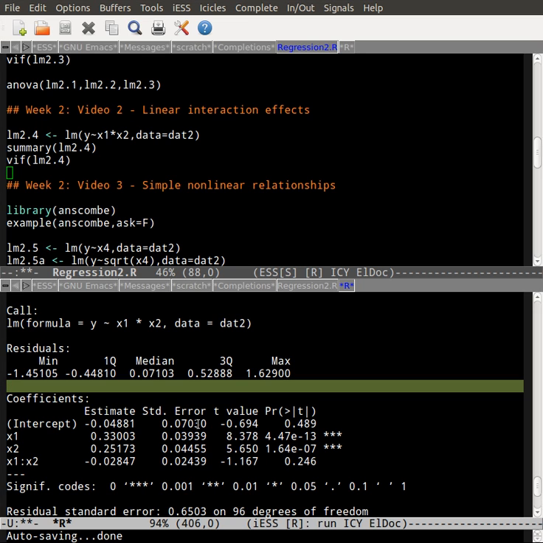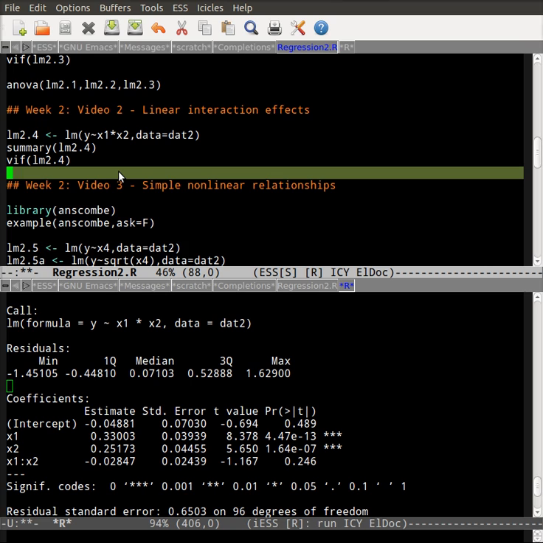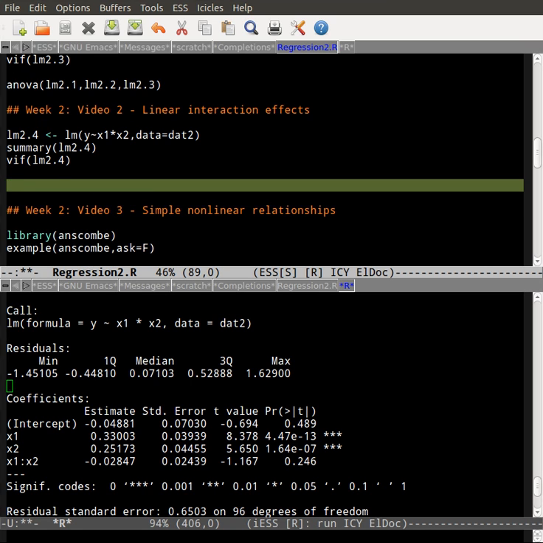But it has a slightly different interpretation than if I created a new variable, x1x2, and I'm going to multiply them. Now notice that this truly is a multiplication.